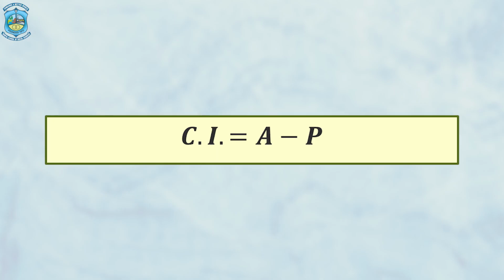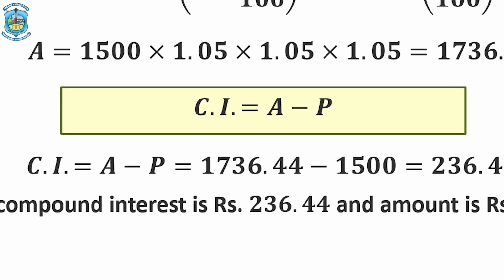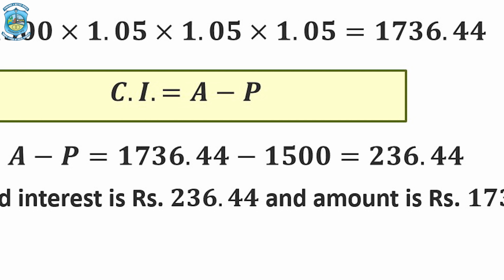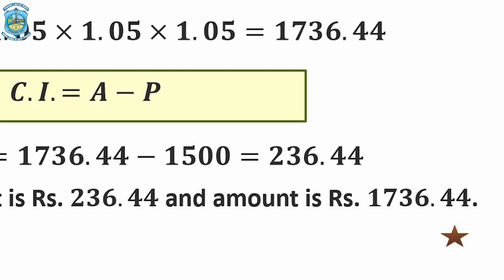Now, we may calculate compound interest by using the formula CI equal to A minus P. We have found the value of A, which is 1736.44, and the principal was given to us as 1500. So, we get the value of compound interest as rupees 236.44.